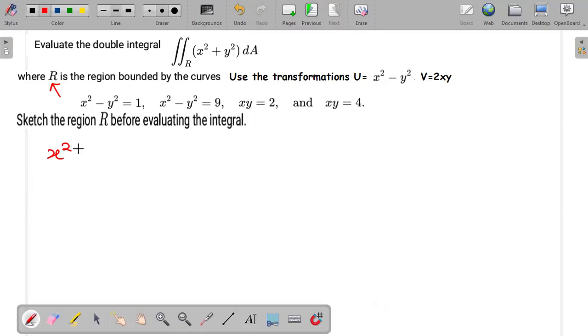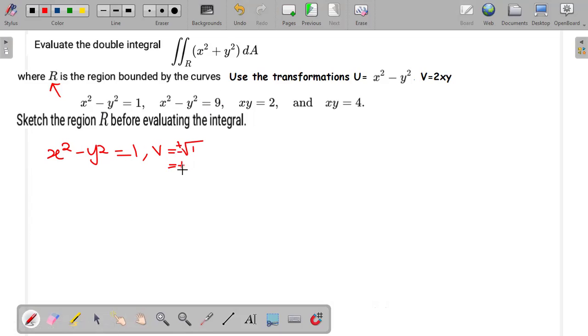So we can start with x squared minus y squared equals 1. This is a hyperbola, and it will have vertices at 1 and minus 1, that is, plus or minus the square root of 1.